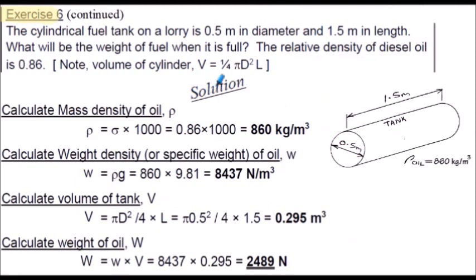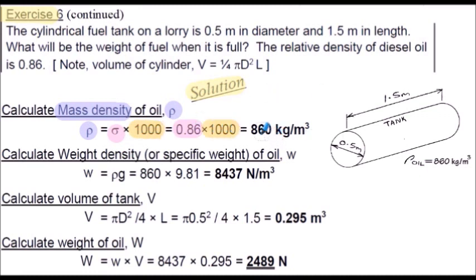Exercise 6, solution continued. So firstly I've calculated the mass density of the oil, symbol ρ here. And because this is a liquid, the density of the oil is relative to water. So to calculate the mass density of the oil, multiply by the mass density of water, 1,000 kilograms per meter cubed.